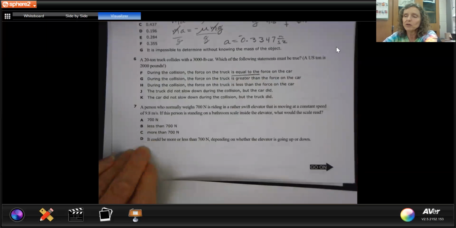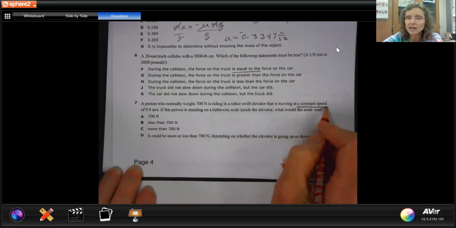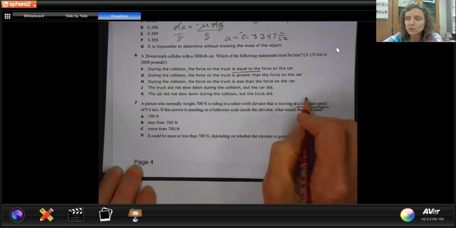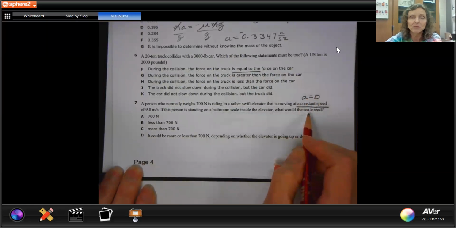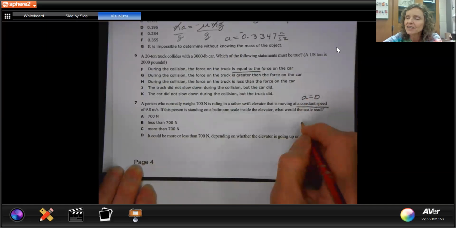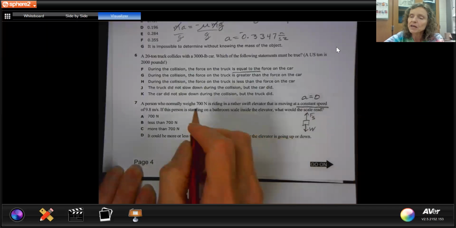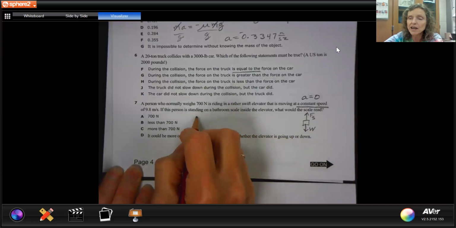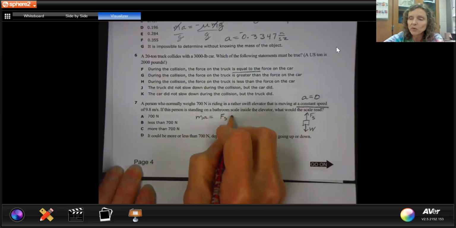Okay, a person who normally weighs 700 newtons is riding an elevator moving at a constant speed. Isaac Newton said, if you want to know about force, watch for acceleration. Acceleration is 0. So if I see the words constant speed in a problem, those are magic words. They're probably going to make my life easier. Okay. So when I think about a person, I have the force reading on the scale, Fs, and I have the weight, W. And so mass times acceleration, the net force, is going to equal the force of the scale up and the weight down.